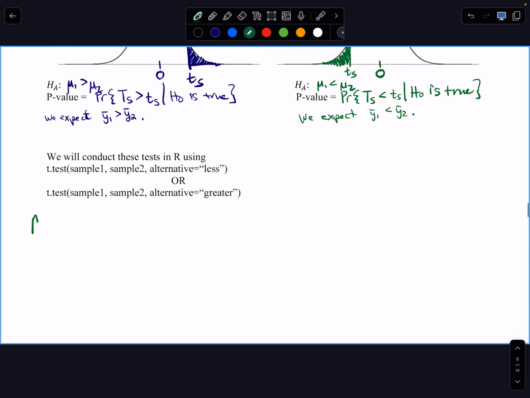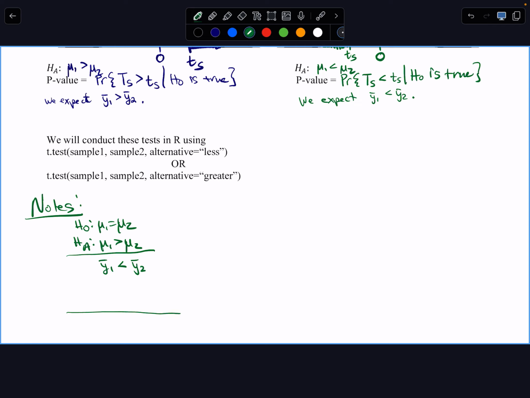I want to write some extra notes down here. Let's say we have our null hypothesis, mu1 equals mu2, and our alternative hypothesis is mu1 is greater than mu2. Let's say when we get to our data set, y bar 1 is less than y bar 2. So this is a scenario. This can happen. I want everybody to graph the area under the curve that will represent our p-value.